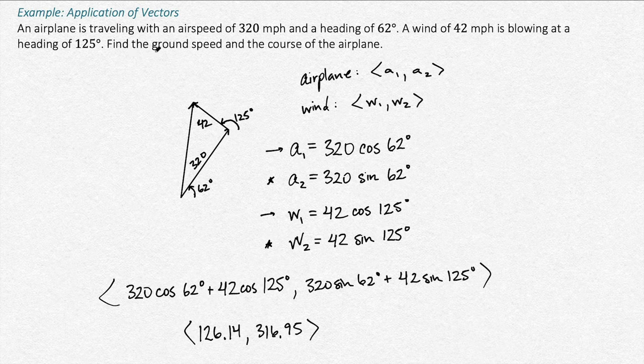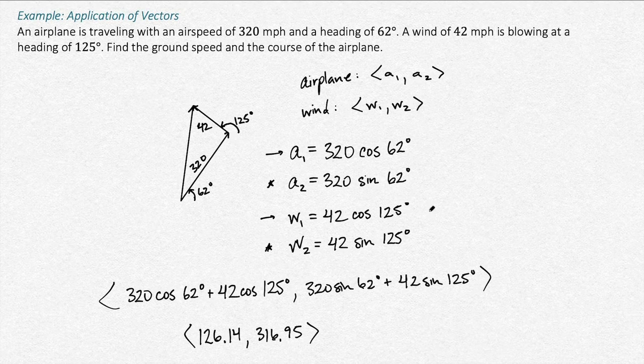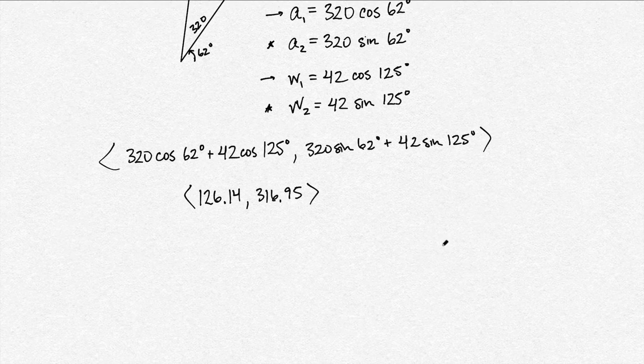The question is, find the ground speed and the course of the airplane. Well, we have these two components, but that's not really the ground speed or the heading. You could make an argument that it is the course, but let's go ahead and find the heading, the angle, as well. So we'll start with a quick little picture.